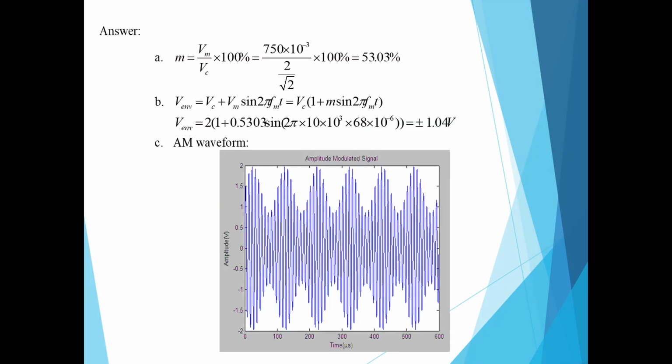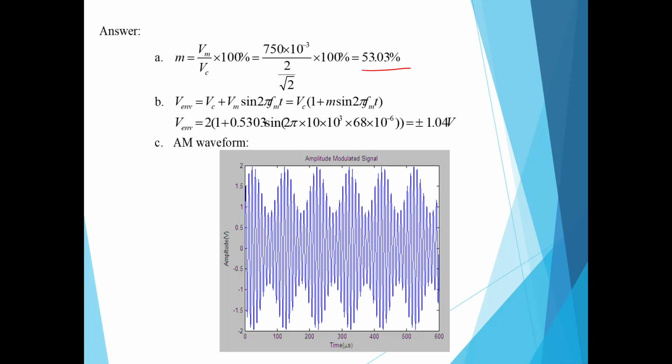So as in the answer here, 53%. Why .02? Because if you multiply square root of 2 with 750 milli, you get 1.0606.